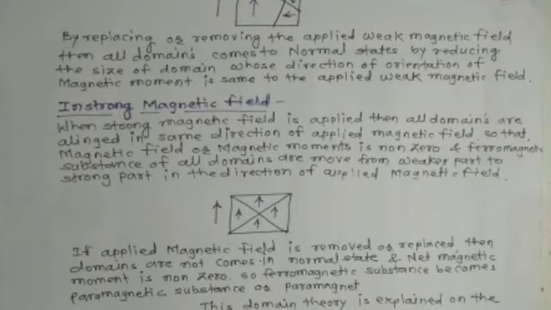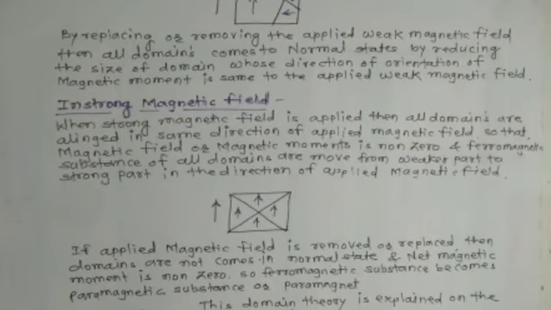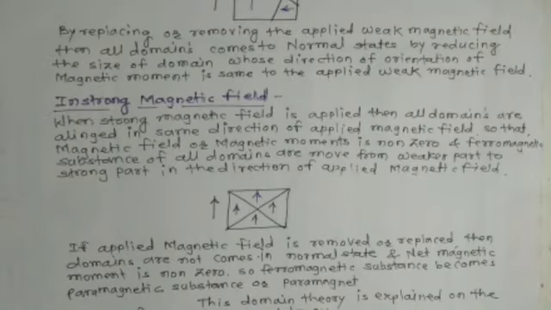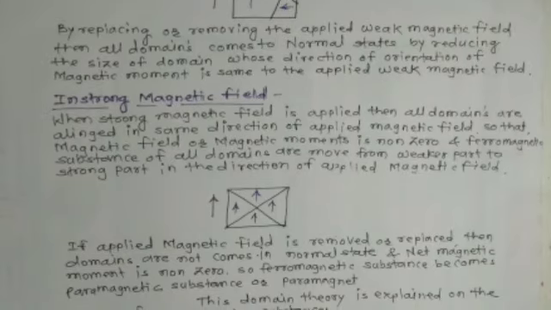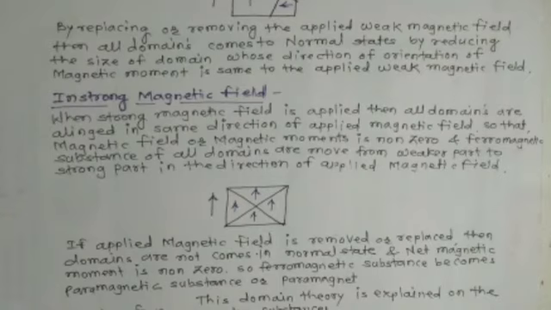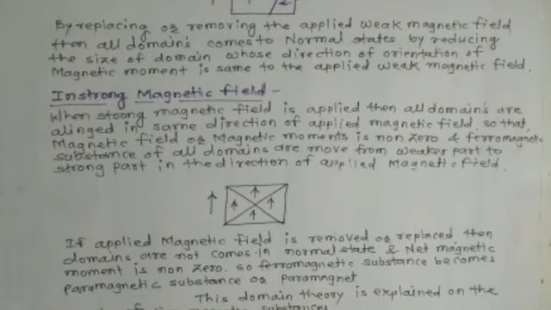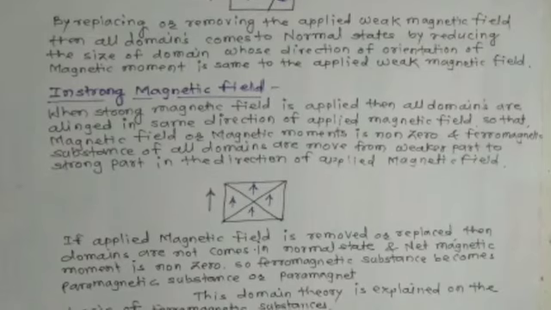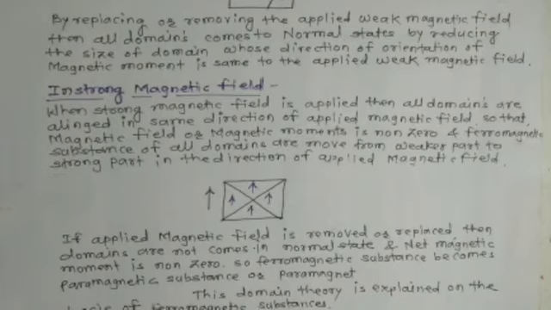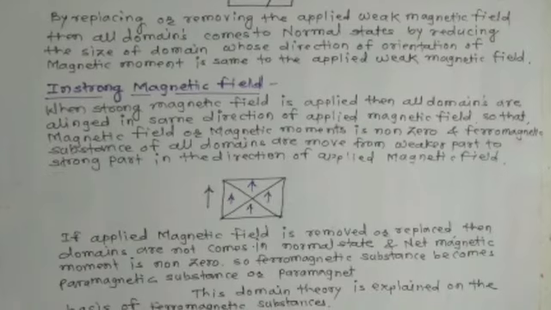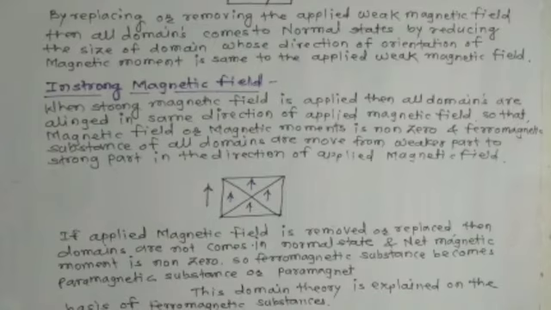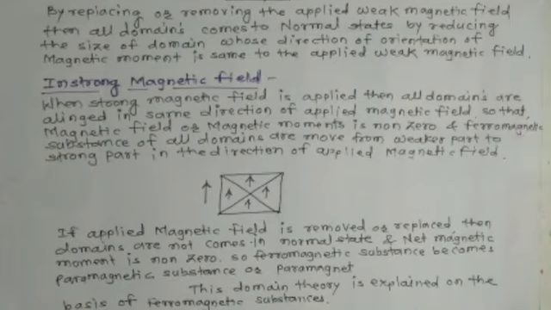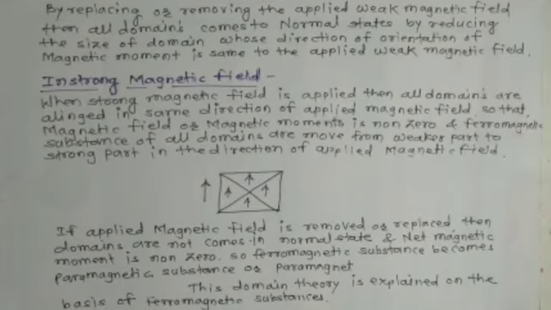But if we apply a strong magnetic field, then all domains are aligned in the same direction as the applied magnetic field, so that the net magnetic moment is non-zero. In the ferromagnetic substance, all domains are moved from the weaker part to the stronger part in the direction of the applied magnetic field, as shown in figure.